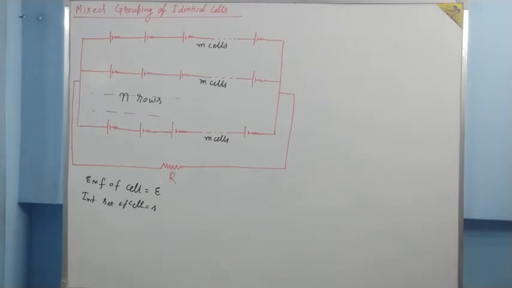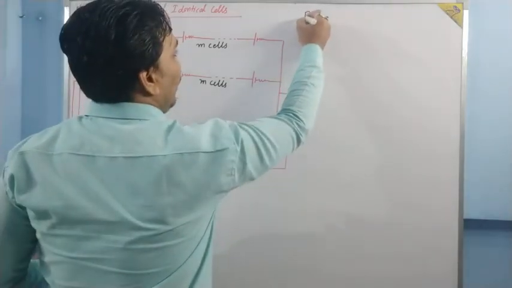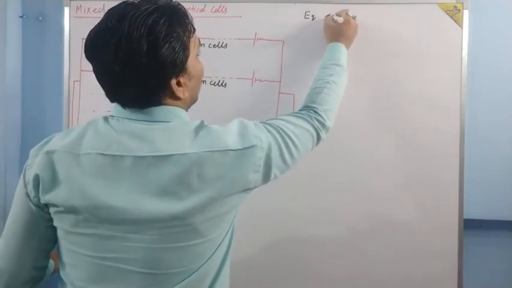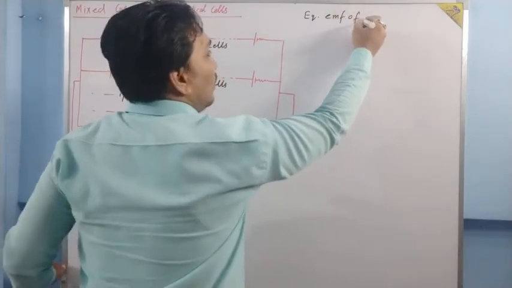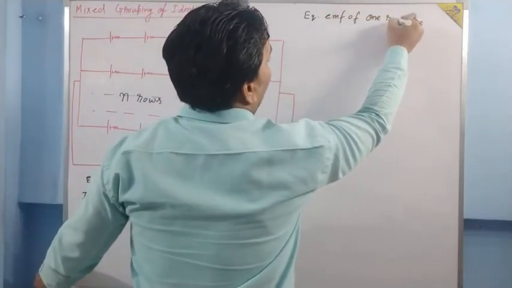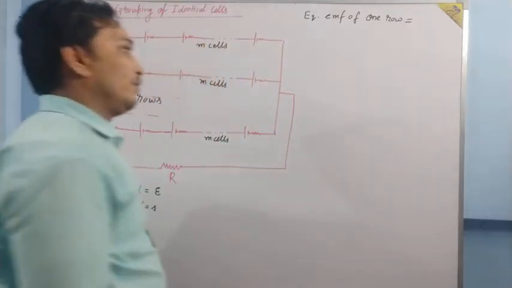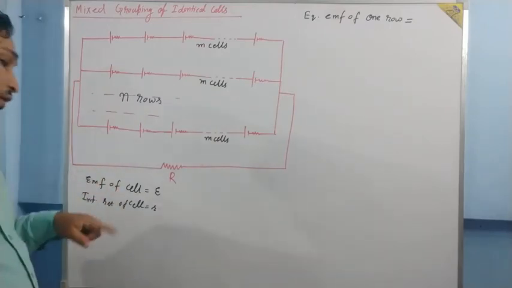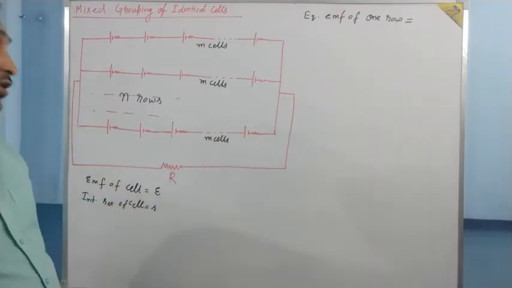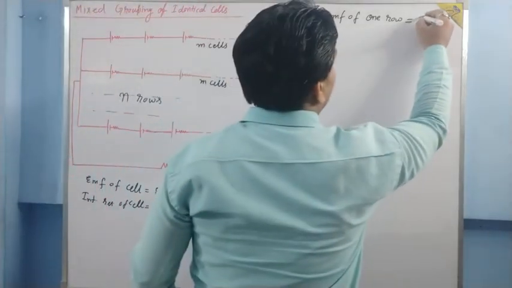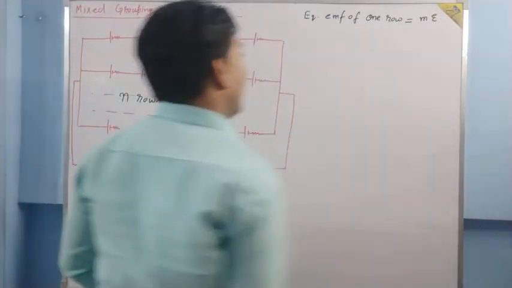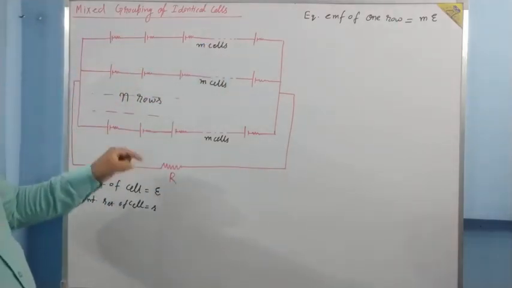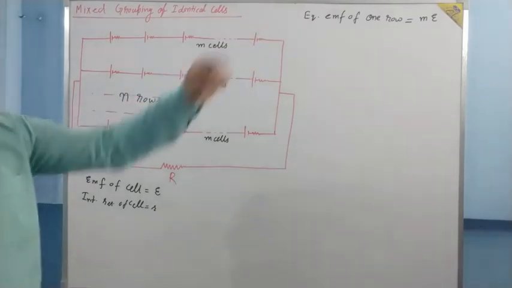Now, the equivalent EMF of one row will be equal to, in one row how many cells are there? m, and each of them has an EMF E and internal resistance small r. So what we should write? m into E. Now each row has an equivalent EMF of mE.